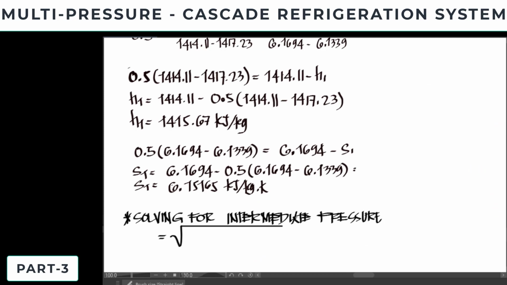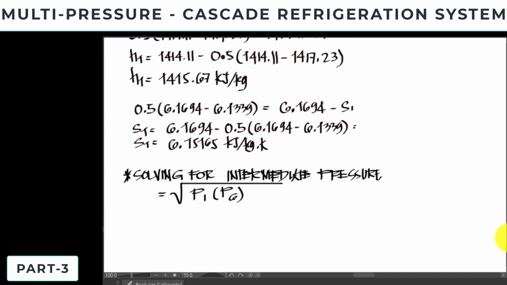Okay, so let's try to solve that. That will be pressure 1 times my pressure at 0.6. Then substitute the values here so we may get the value of the pressure in between.